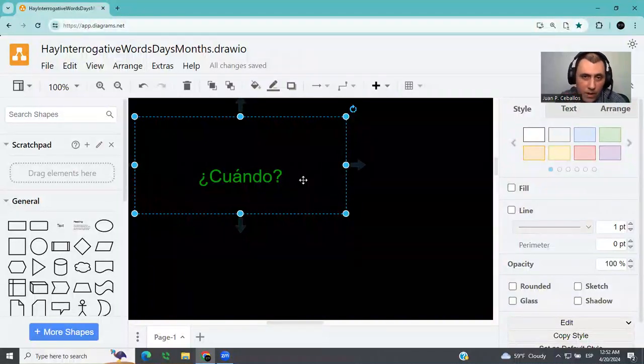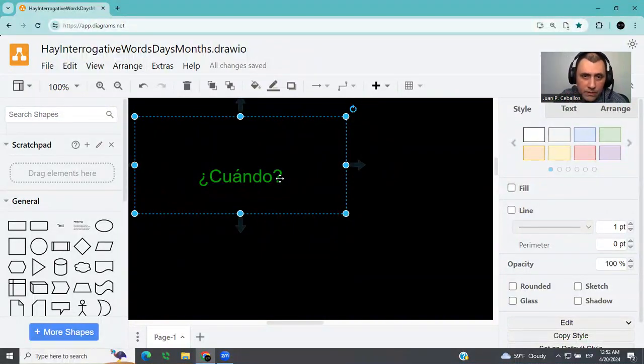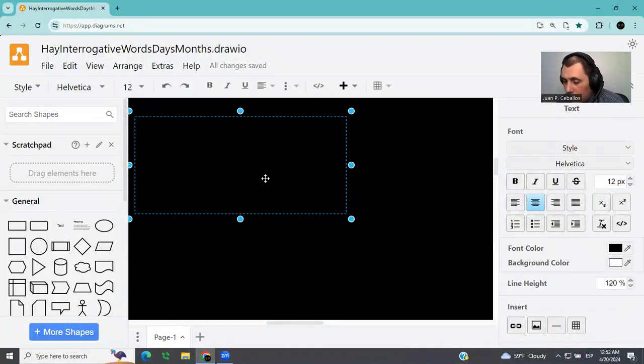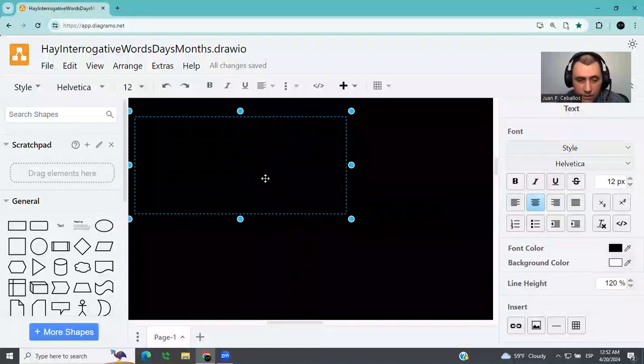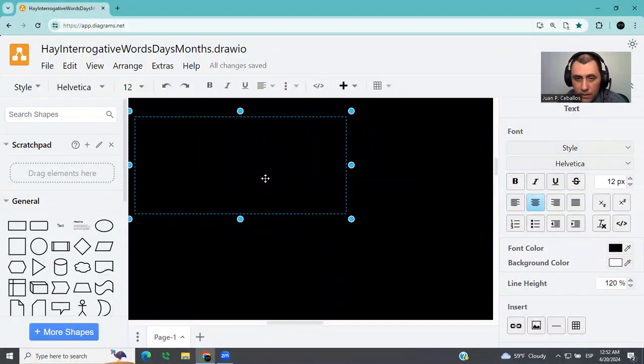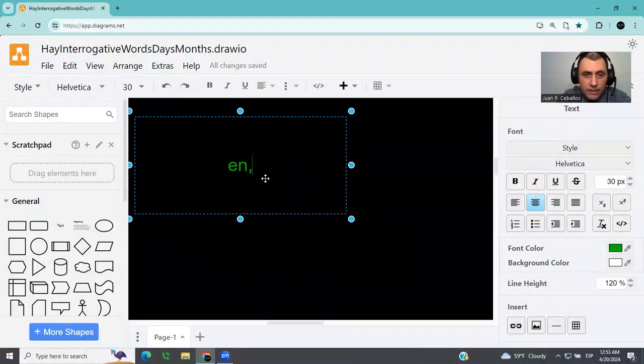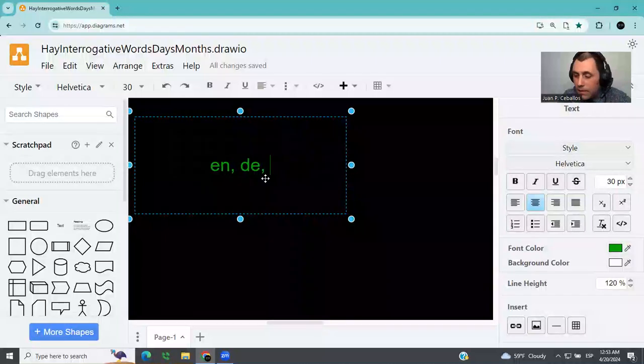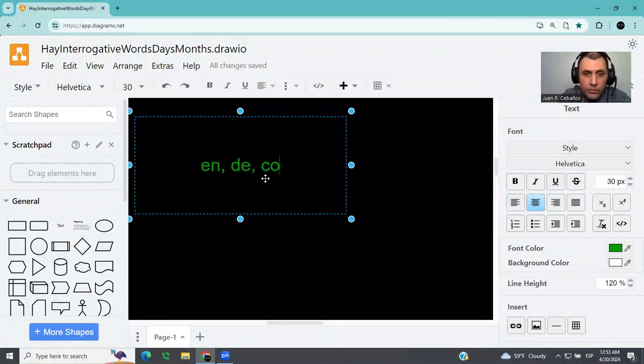Now you can combine all of these with prepositions. And depending on what preposition you use, it changes the meaning of the sentence. An example will be, we are going to talk in this class or in this session about the prepositions de, en, and con only.